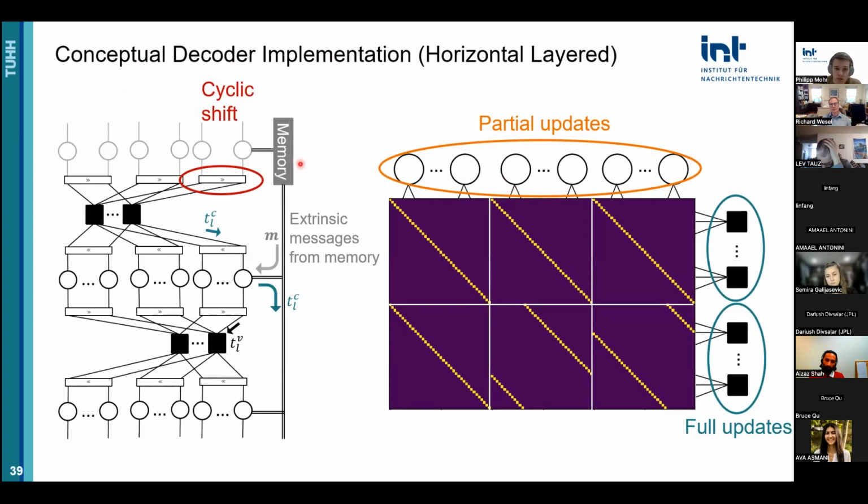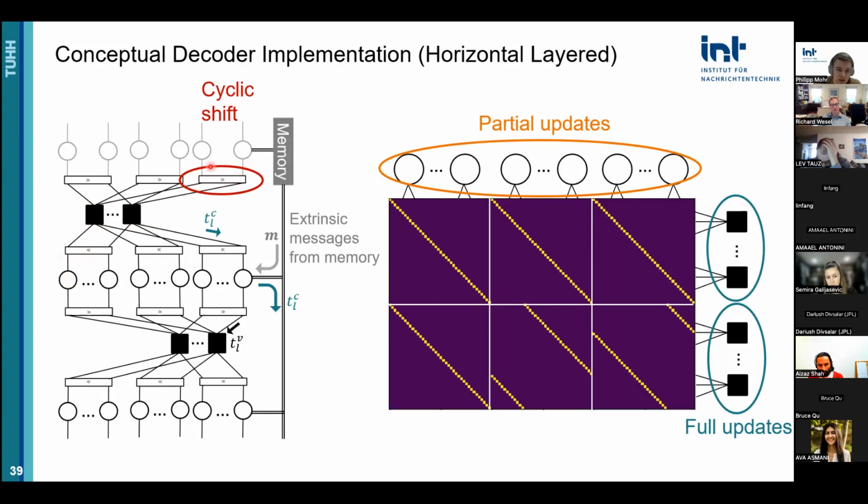So what we did here first is that we unrolled the decoder iteration for the horizontal schedule in this case. So we first have some shifting operation which sends the messages to the check nodes where we do a full update here. And then we have a shift back to the variable node location where we do the partial updates.